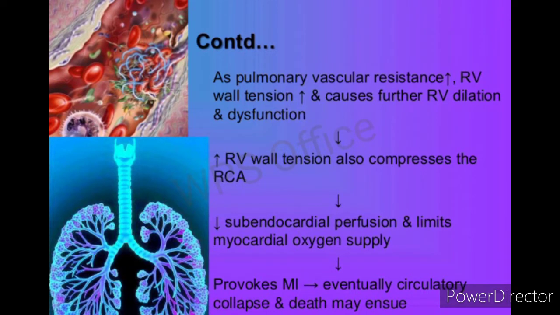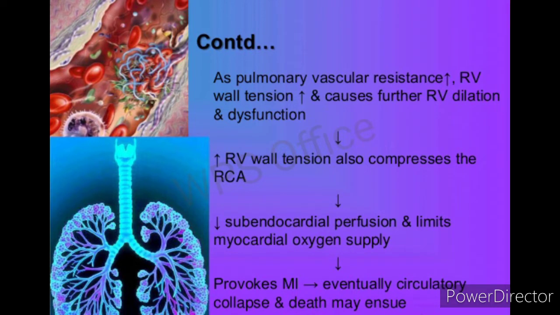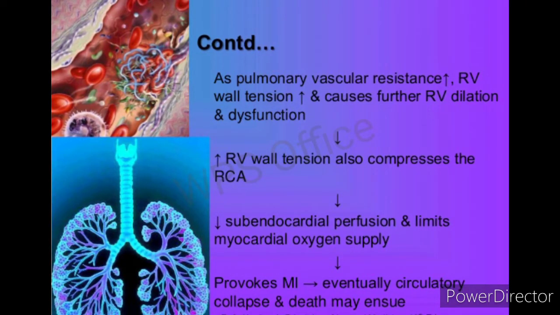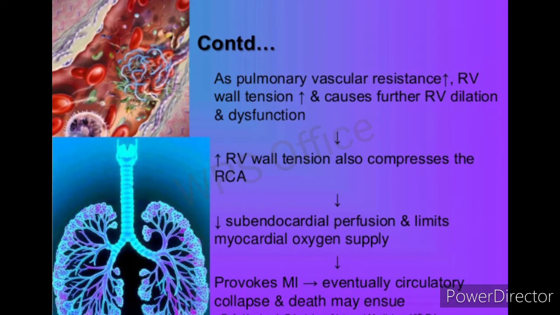If the blood is not flowing out properly from the pulmonary artery to the left atrium, then the blood will accumulate inside the right ventricle. There will be tension in the right ventricular wall, and this will cause right ventricular dilation and dysfunction.